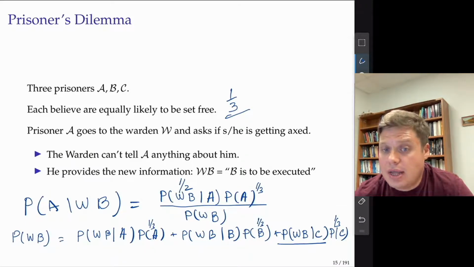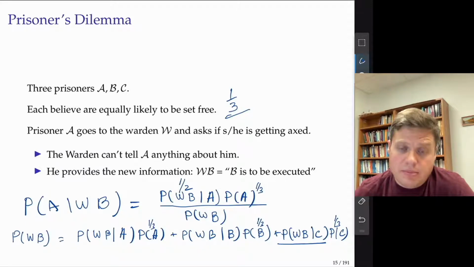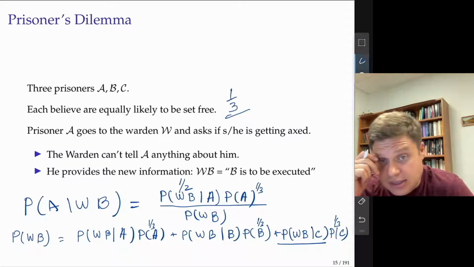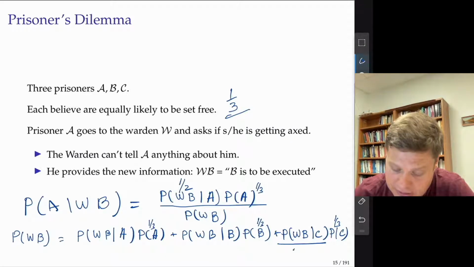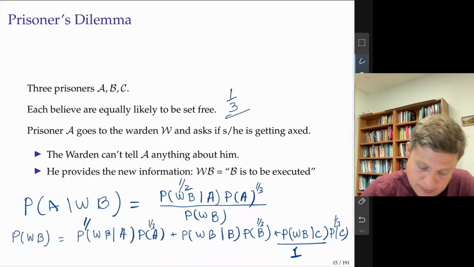So the warden cannot talk about C being freed when C is actually to go home, but the warden also cannot talk about A, because that's again the rule. So the warden must talk about B. So the probability that the warden says B is to be executed given that C is to go home is 100%. So this is probability 1. And so this is 1/3.